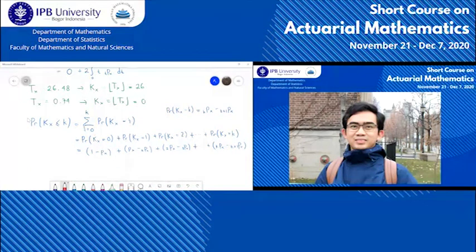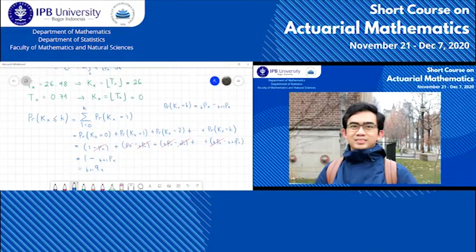In this expression, we can cancel px, 2px, 3px, and so on until k px. So we end up with a simple expression for the cumulative distribution function of Kx, which is 1 minus k plus 1 px, or we can write this as k plus 1 qx.